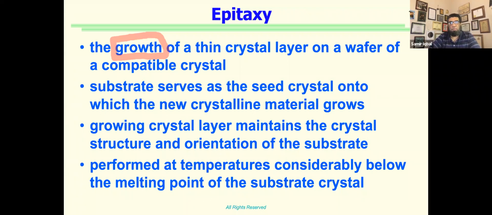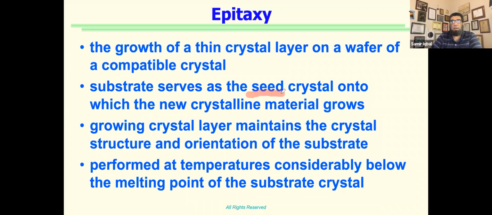All right, so that's the definition: the growth of a thin crystal layer on a wafer of a compatible crystal. Why do we use the word compatible? There are a couple of things which make a wafer compatible or not. Number one, we want a similar lattice structure in the lower material, because that's going to serve as the seed for whatever we grow on top of it.